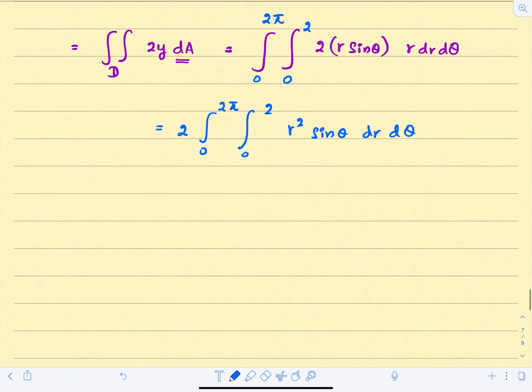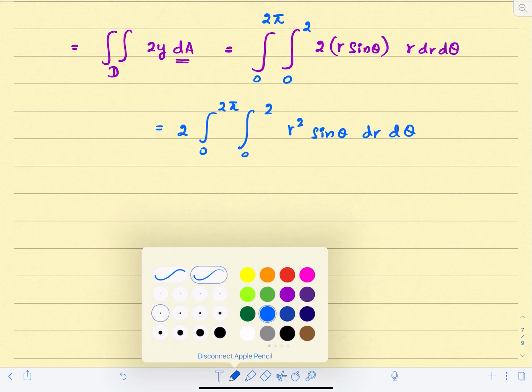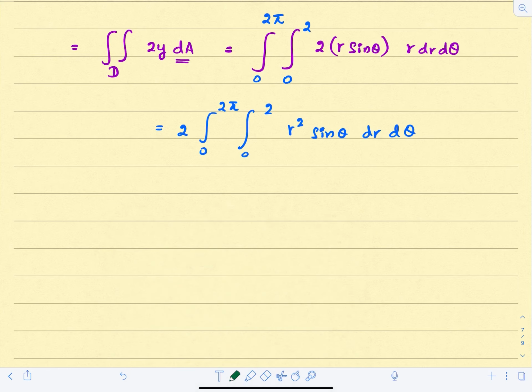My first variable of integration is r, so we can treat sine theta as a constant. Integrate r squared, you will get r cubed over 3. Lower limit is 0, upper limit is 2, sine theta d theta.